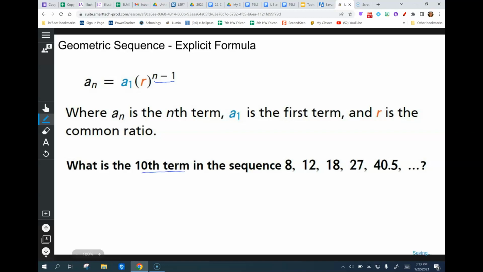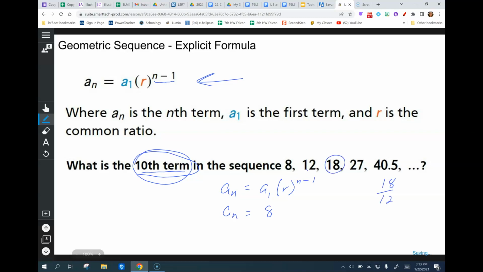Well, in order to find the 10th term, first we have to find the explicit formula. And that's what the explicit formula is all about, is to find a specific term. So let's look at it. Well, I have to plug into a sub n is equal to a sub 1 times r to the n minus 1. So a sub 1 is equal to 8. I have to find my ratio, so I'm just going to take 18 divided by 12.